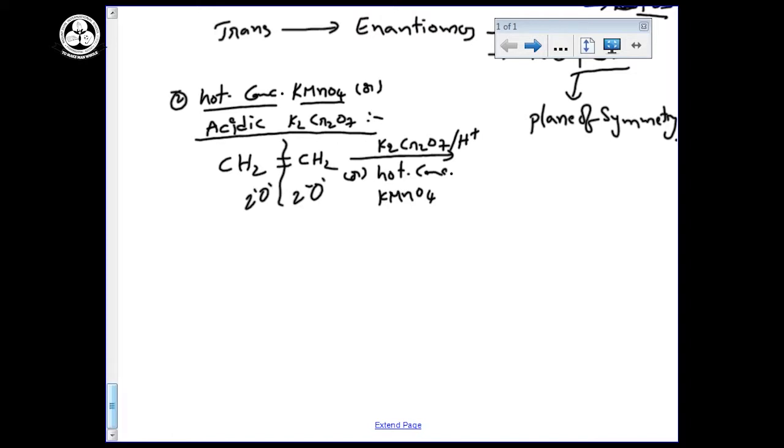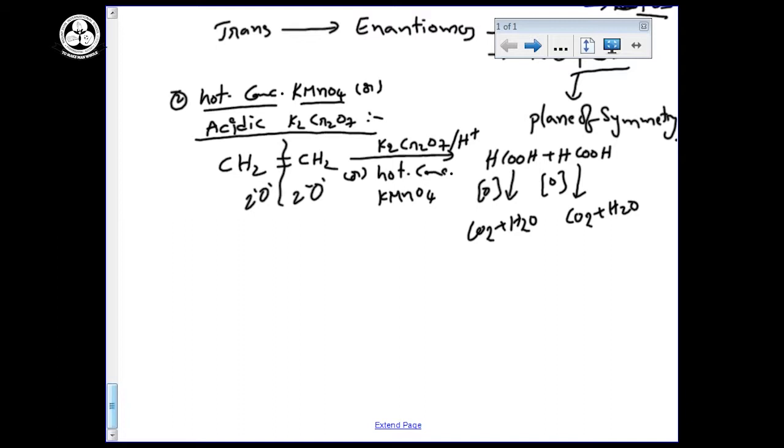So we can get formic acid HCOOH plus HCOOH, as you already saw in the ozonolysis reaction. Formic acid can form, and it is further oxidized immediately. Why? Because it is highly unstable, it is immediately converted into CO2 and water. It is also converted into CO2 and water.